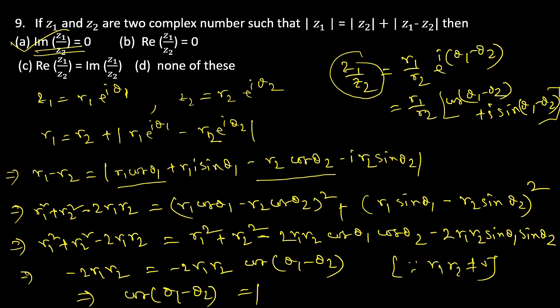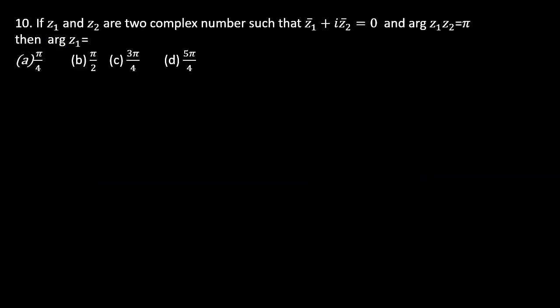Next problem. Here Z1 and Z2 are two complex numbers such that Z1 bar plus i Z2 bar equal to 0, and argument of Z1 Z2 is pi. Then we have to find argument of Z1. Now Z1 bar plus i Z2 bar equal to 0.